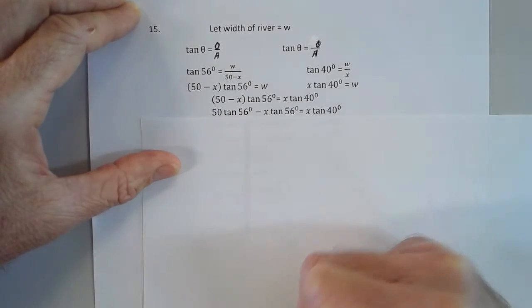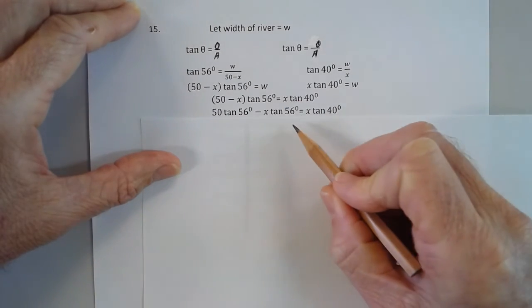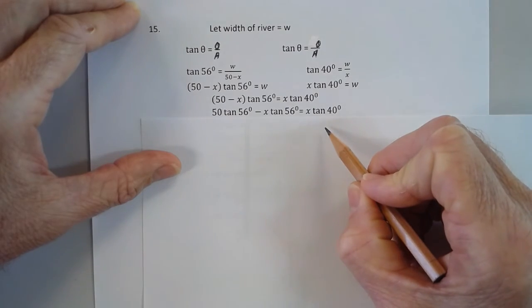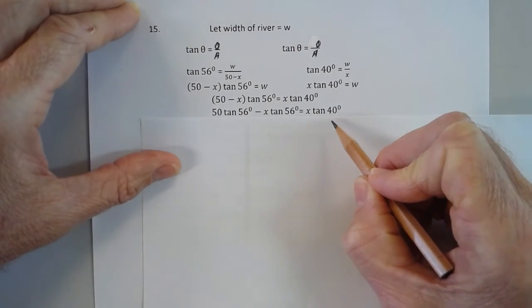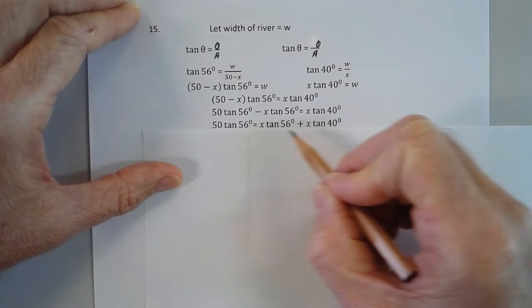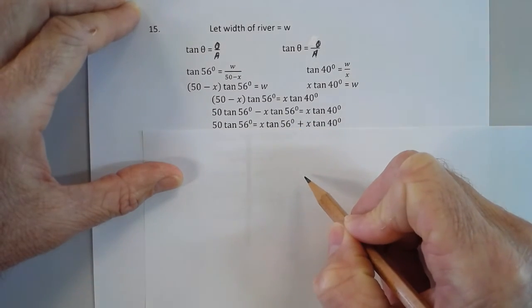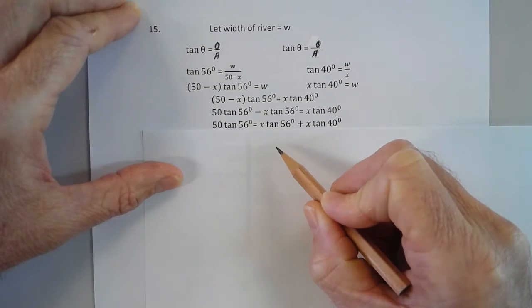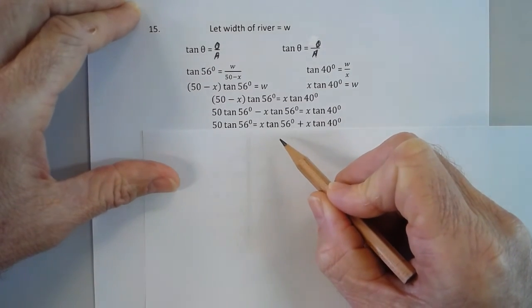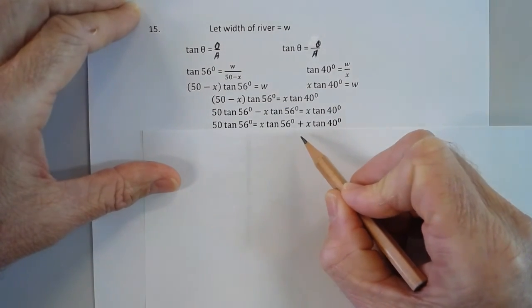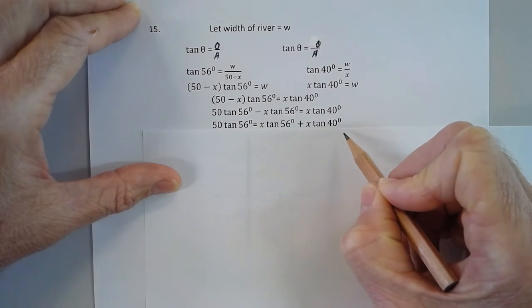Now, using the technique we discussed previously, we need to get all the x's on one side of the equation to solve for x. We add x tan 56 degrees to both sides, so we end up with 50 tan 56 degrees equals x tan 56 degrees plus x tan 40 degrees.